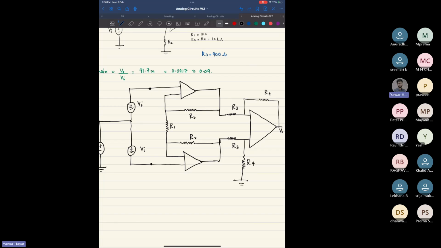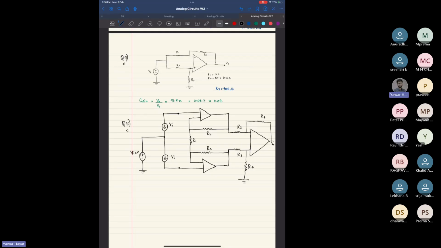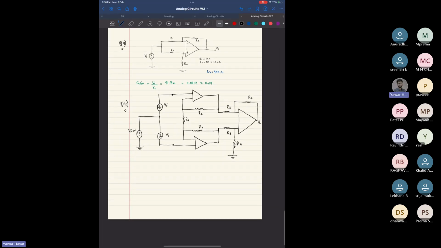Okay. Try to find the output voltage for this circuit. I'll give you the values. Okay. Here.